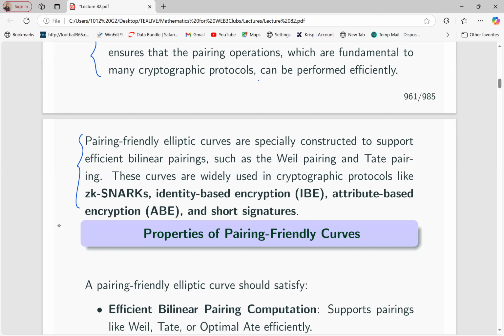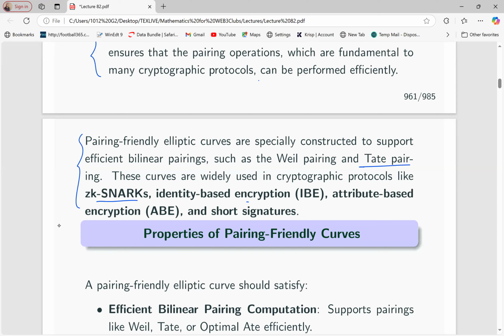I've said they can be used in protocols like ZK-SNARKs, identity-based encryption, attribute-based encryption, and short signatures. In all these, you can use Weil pairing or you can use Tate pairing.